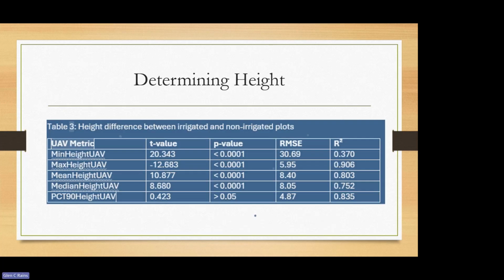The whole goal of talking about this is that I want to use a drone and make some measurements to predict what those values are. So one is height. We know that's a very significant value that we have to estimate. This is a table of different UAV metrics that were used to estimate the height. We manually measured the height, and then we estimated with the drone, just seeing which metric would give us the best value.